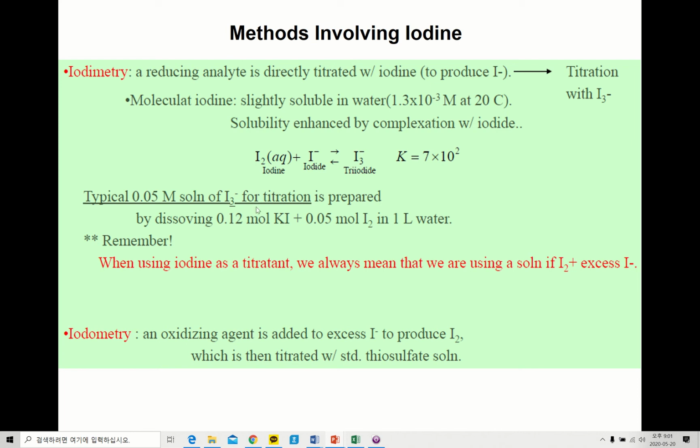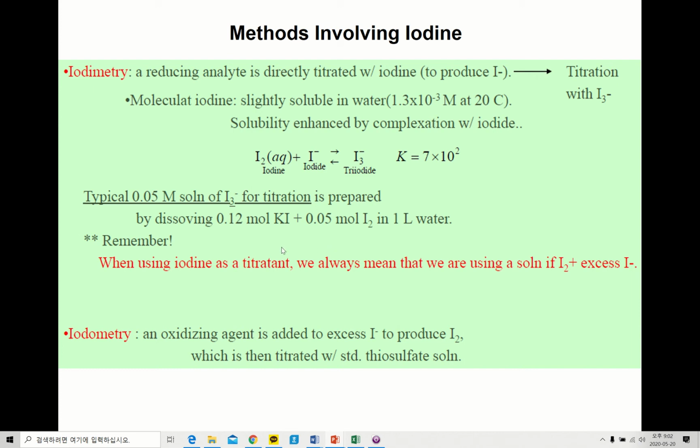The typical 0.05 molar solution of triiodide for titration is prepared by dissolving 0.12 mole of potassium iodide and at the same time 0.05 mole iodine in 1 liter water.